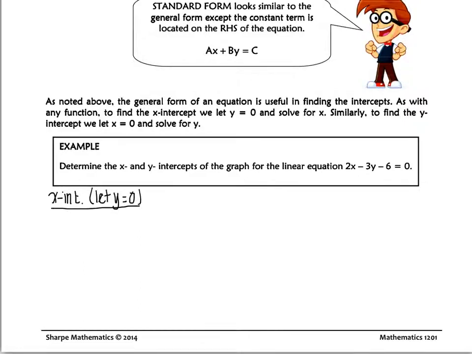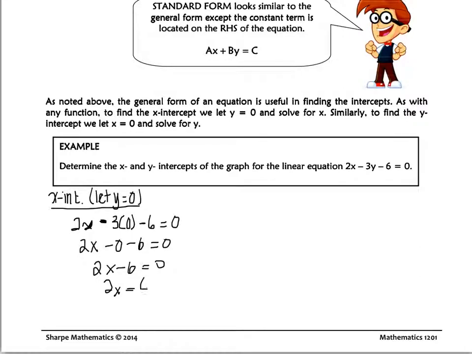So for the x-intercept, we take our equation, 2x minus 3y minus 6 equals 0, and instead of y we put in 0. That gives 2x minus 0 minus 6, or 2x minus 6 equals 0, which means 2x equals 6.